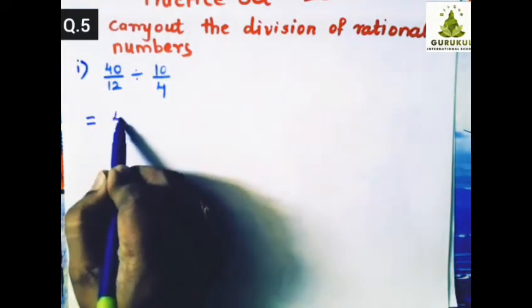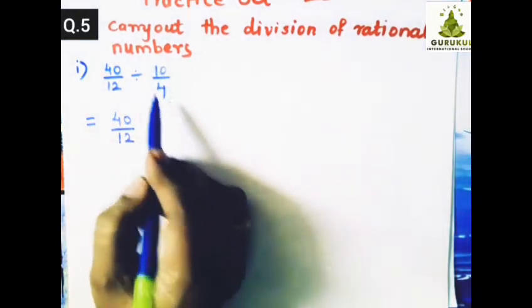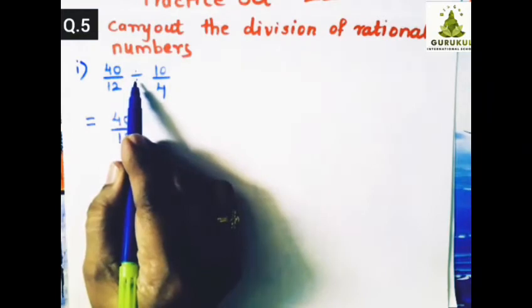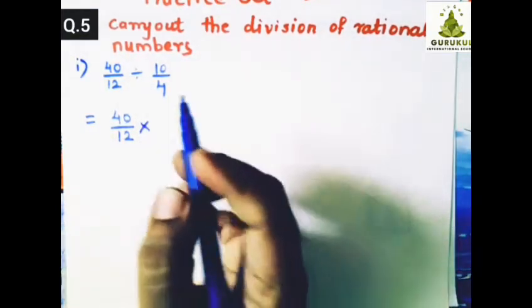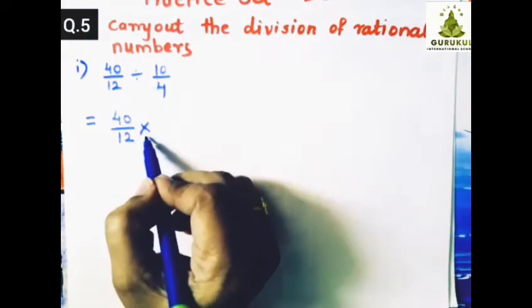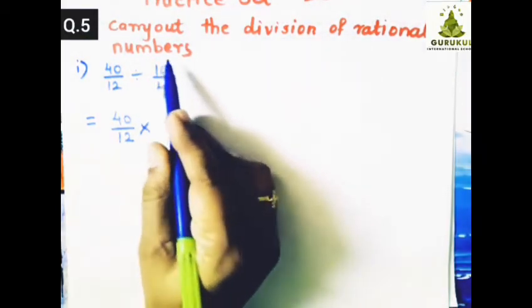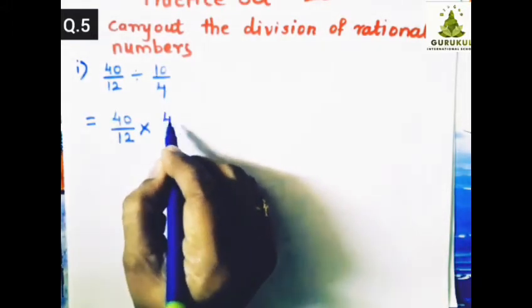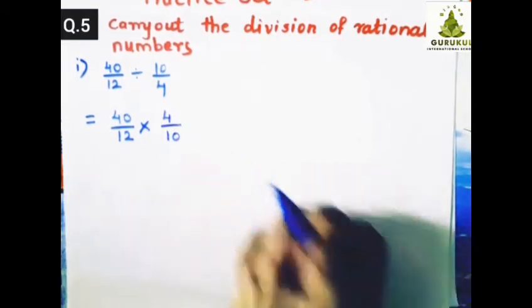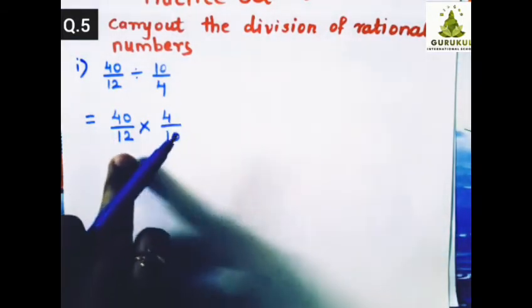First step, you have to write the multiplicative inverse for the second rational number, means this division symbol we have to convert to a multiplication symbol, and when you write multiplication instead of division, you have to write the multiplicative inverse of this 10 upon 4. So we will write 4 upon 10. So this question comes in the form of multiplication.